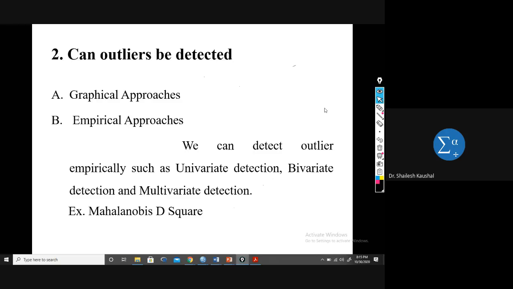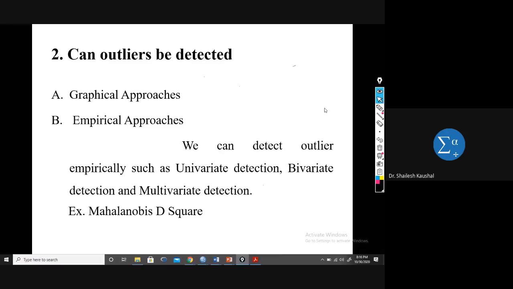You can see an outlier as some extreme case. For example, in a particular class 100 students are studying, and for the maximum number of students the marks obtained are between 40% and 80%. Outliers would be the very few people who obtain 90% or 95%, or very few who obtain 5%.